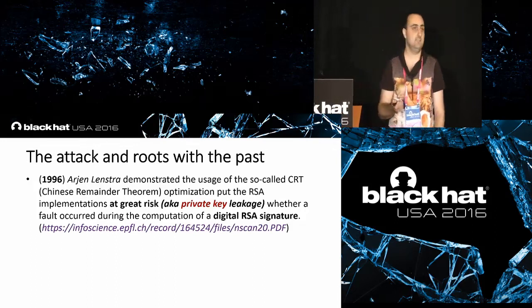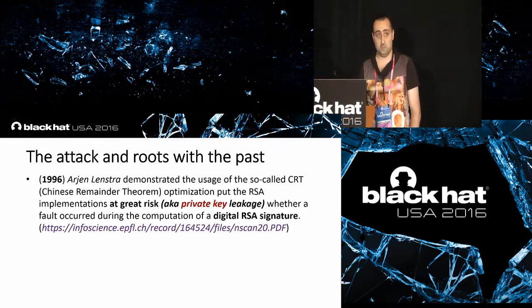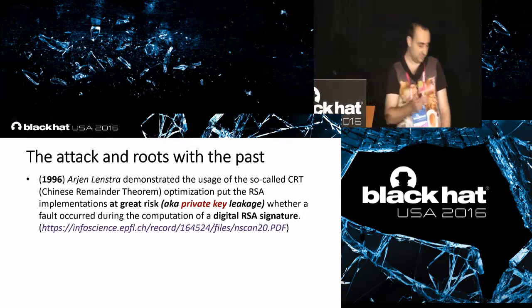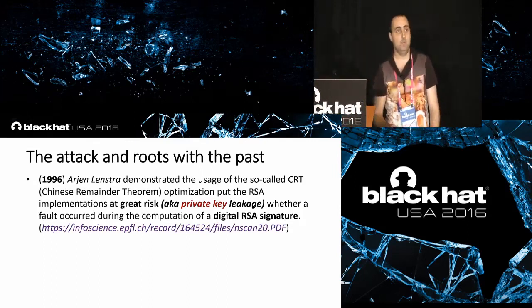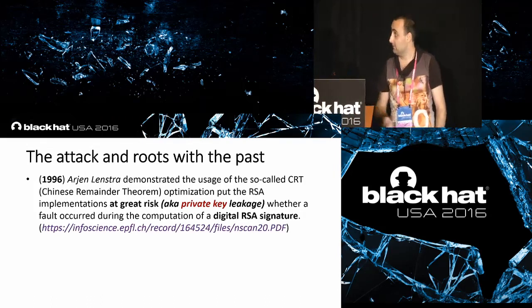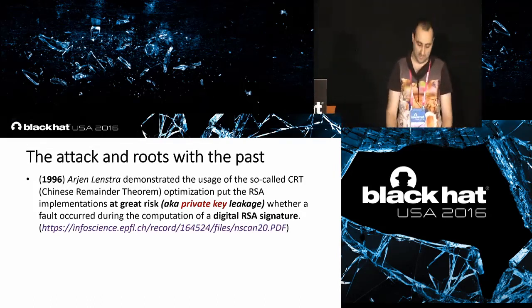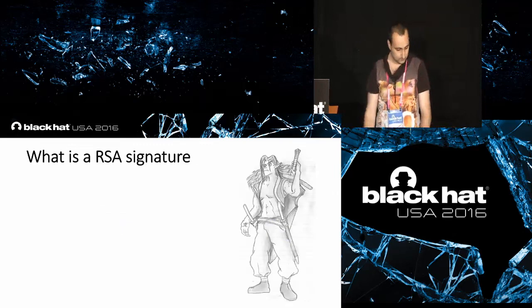The RSA CRT is basically an optimization for the calculation of digital signatures. And from now on, we will refer to this attack as the Lenstra attack or the RSA CRT attack.